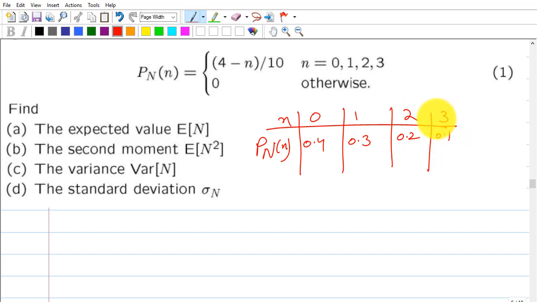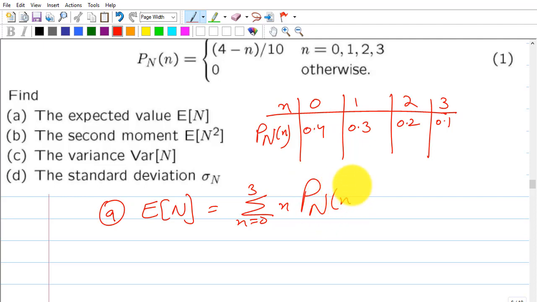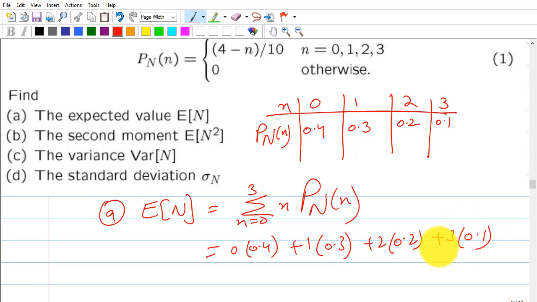So the expected value of N is now straightforward: the sum over n from 0 to 3 of n times P_N(n). This would be 0 into 0.4 plus 1 into 0.3 plus 2 into 0.2 plus 3 into 0.1, which sums up to 1.